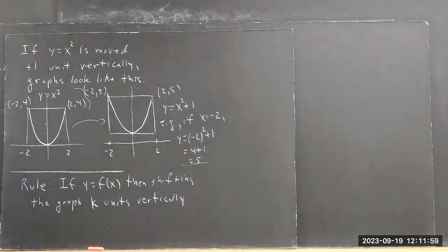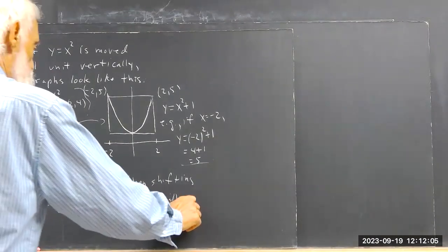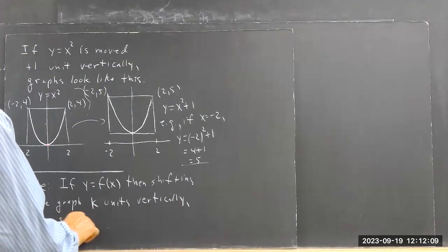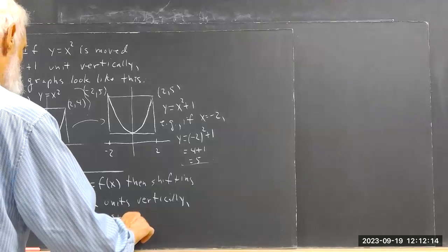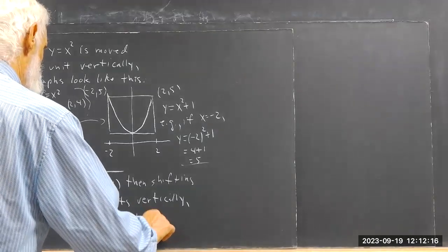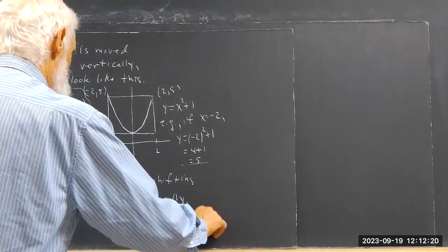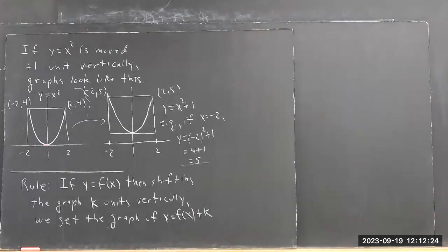If y equals f of x, then shifting the graph k units vertically, we get the graph of y equals f of x plus k.